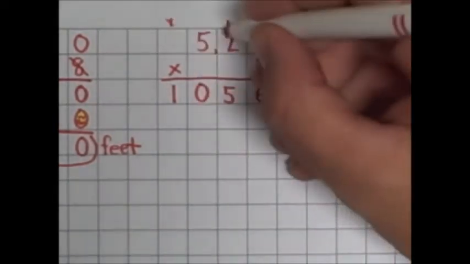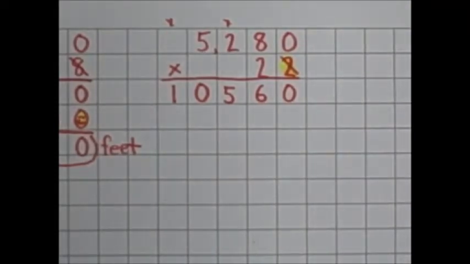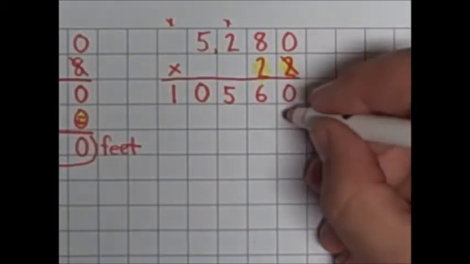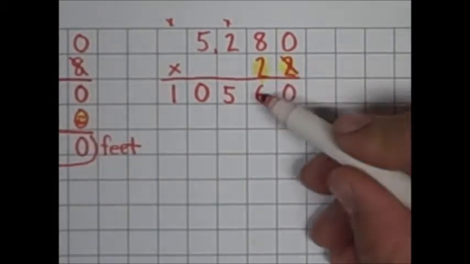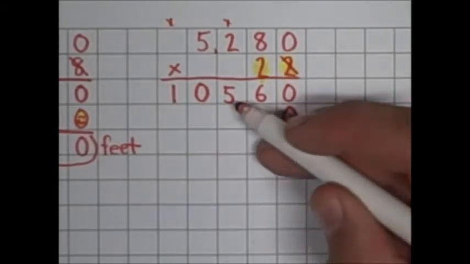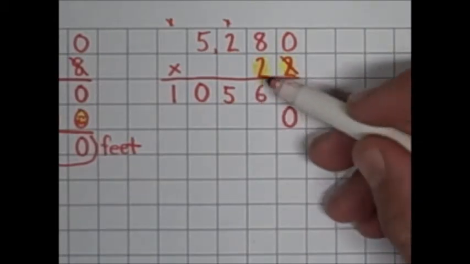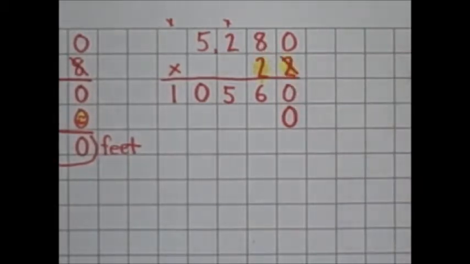Now, cross out your regroupings. If you'd like, you could cross out that 2, which we are done with, as now we are going to focus on this 2. Now, the nice thing about this problem, once we put that placeholder 0 is, we know what 5,280 times 2 is. It's going to be 10,560. We're going to have those same digits, but this time, because we're multiplying by two tens, we're going to have this 0.